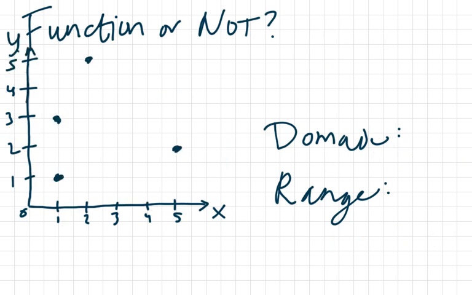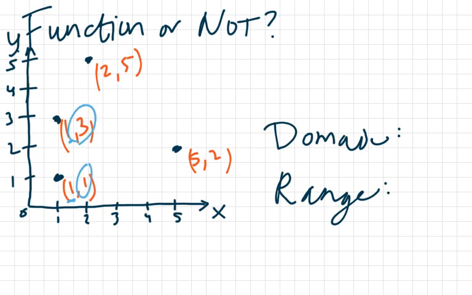The next example, we have the coordinates (1, 1), (1, 3), (2, 5), and (5, 2). And hopefully you're now screaming at the screen, Anna, clearly we don't have a function because we have a repeat of an x value with different y values. So this is not a function.